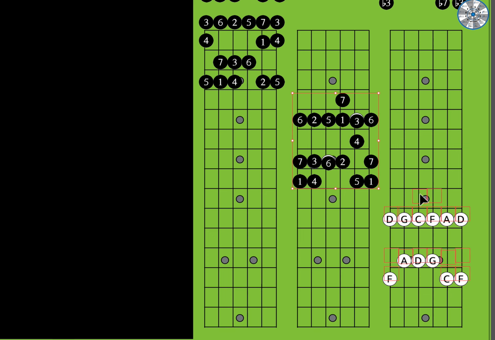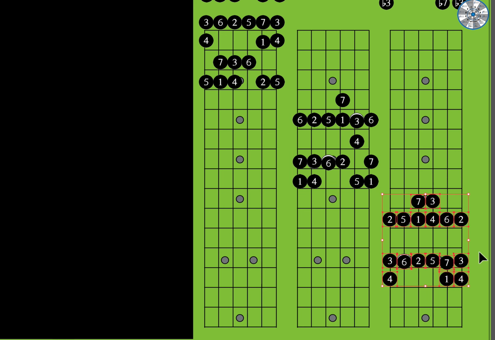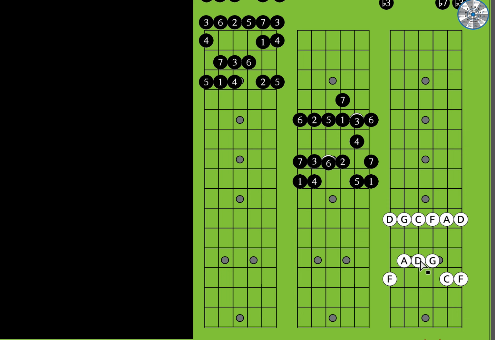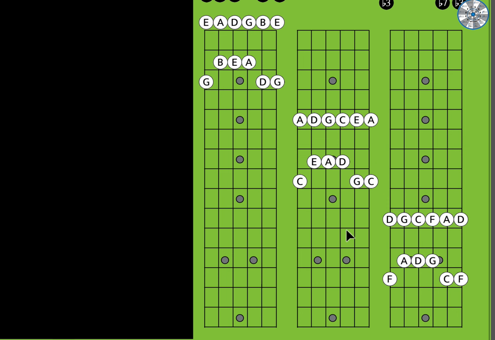Now these scale degrees have all 7 positions after I've changed them to the minor pentatonic. So in each case, our 1, 4, and 5 is the highest note in position on the low E string of each position. So I'm going to get rid of these now. See, we have C, F, and G.